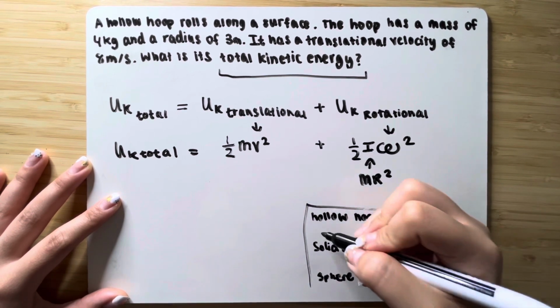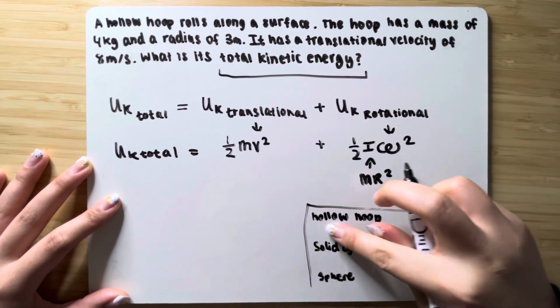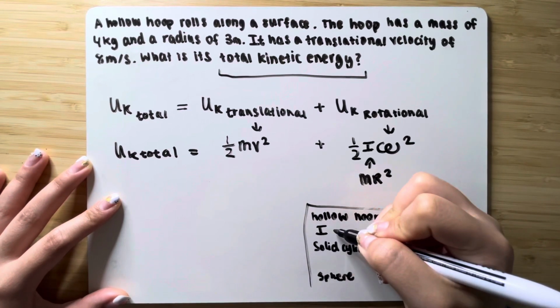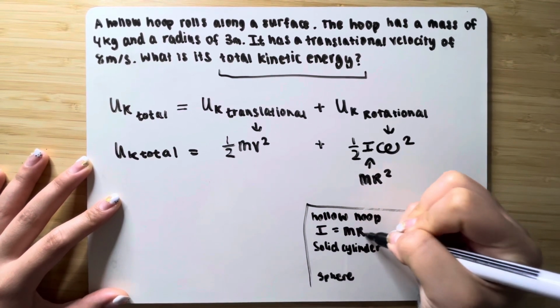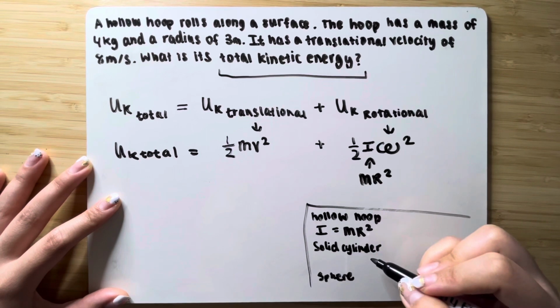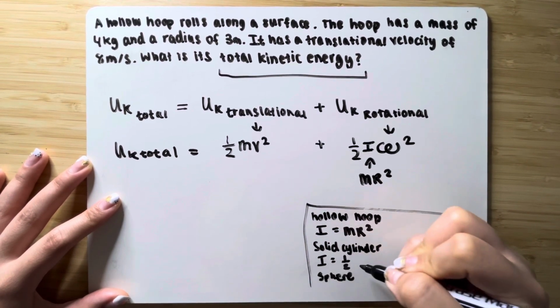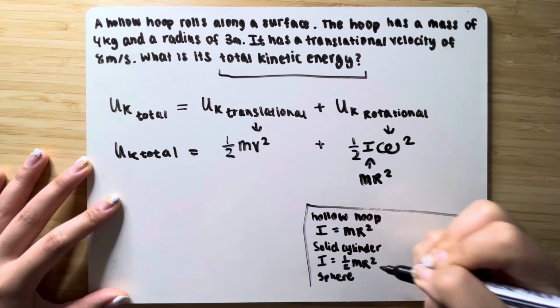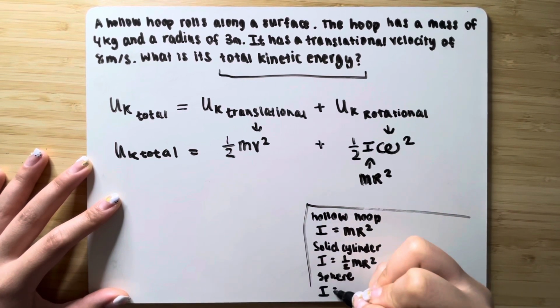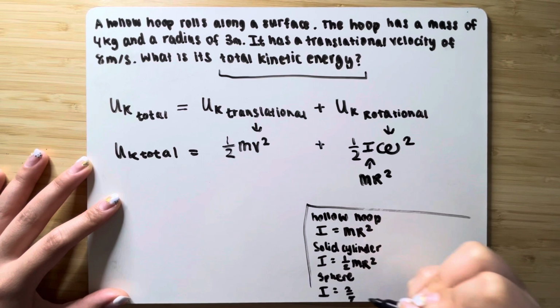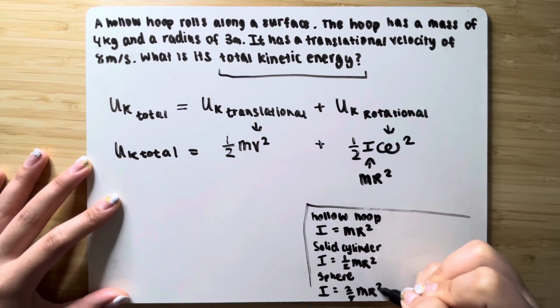For a hollow hoop, I equals mr squared. For solid cylinders, I equals 1/2 mr squared. And for spheres, I equals 2/5 mr squared.